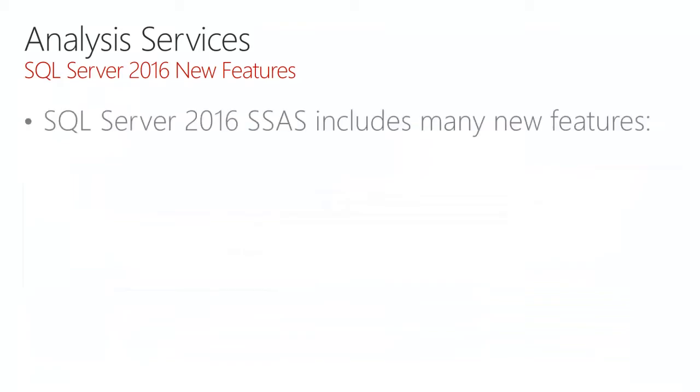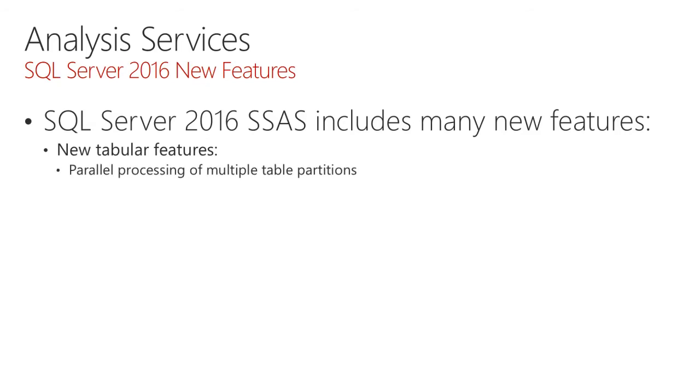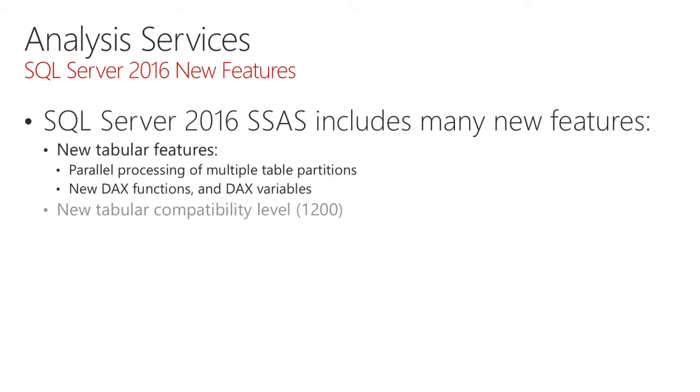SQL Server 2016 delivers many new features for Analysis Services. For tabular, this includes parallel processing of multiple table partitions, new DAX functions, and also new behaviors including DAX variables.